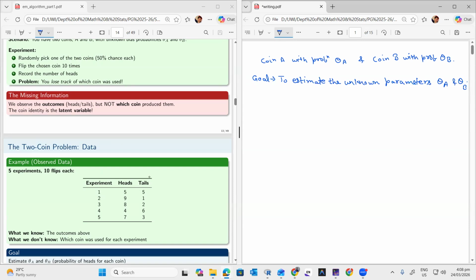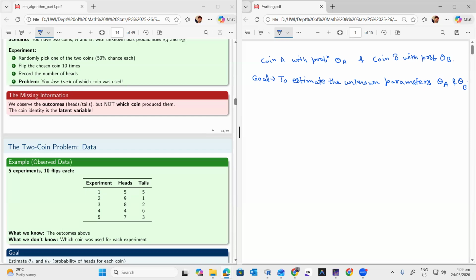If we don't know which coin was used in experiment 1, how would we tell what the probability of getting heads is for coin A? And in experiment 2, what is the probability of getting heads for coin A or coin B? We are not aware of it. So this is the goal, to find the values of theta A and theta B.